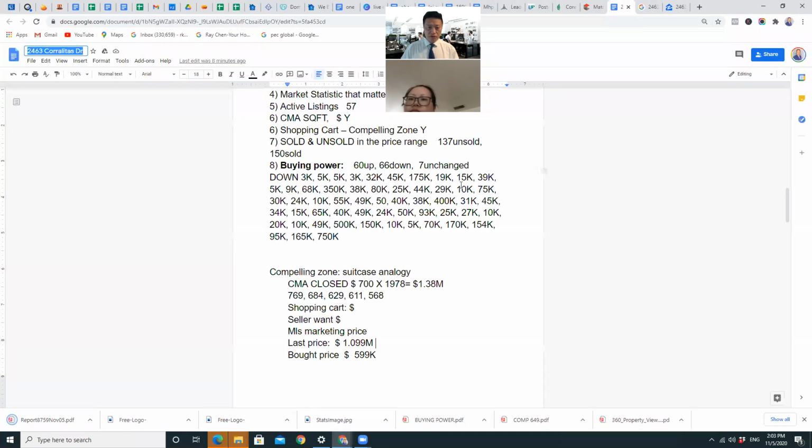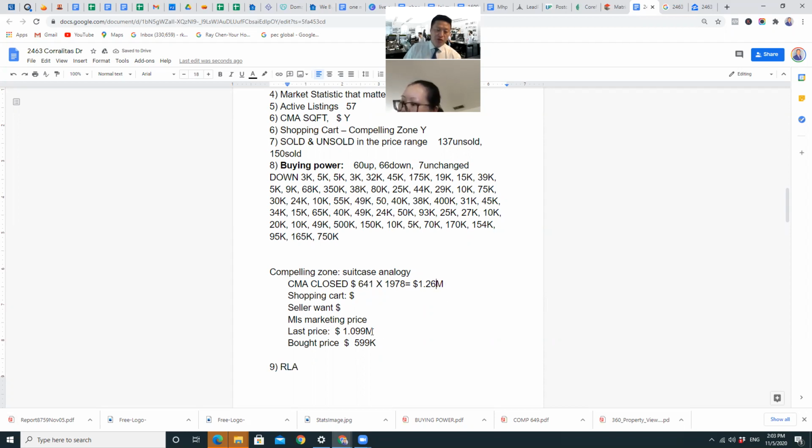It's actually 641 per square foot, so I'm going to do 641 times 9748, which is $1.978 million... that still is very high. That makes it 1.26. Obviously we're not going to recommend this price because last time they already had 1.099.